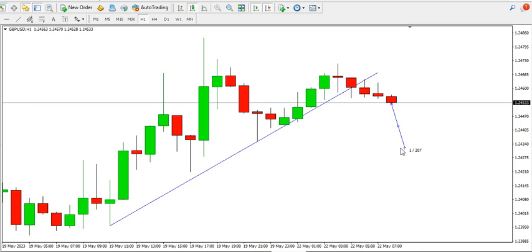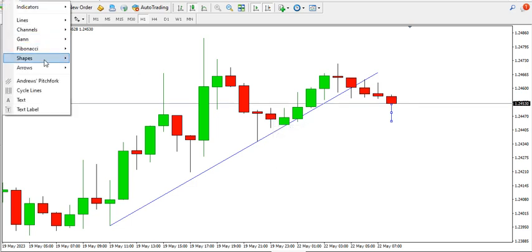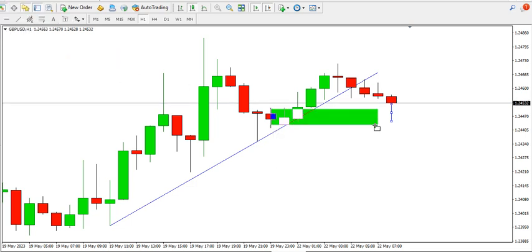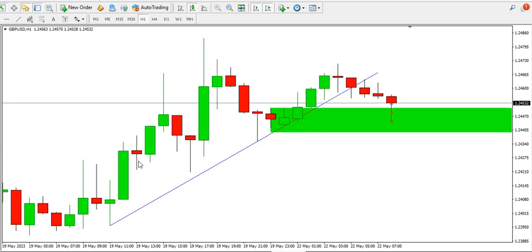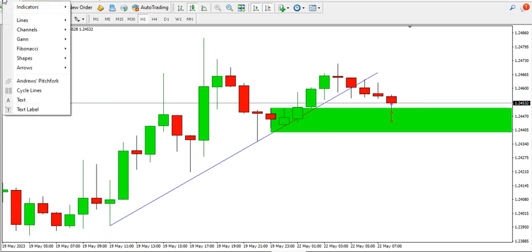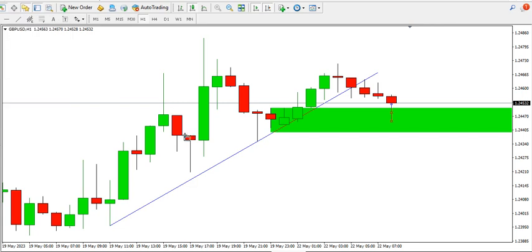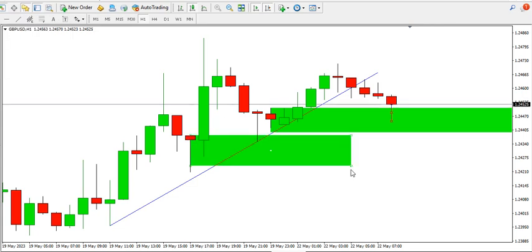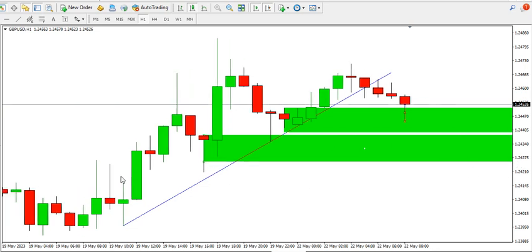So if price goes down, we have this particular order block here. This order block might serve as support to price. After that we might have another support here, this particular order block, and then we have another order block support here.